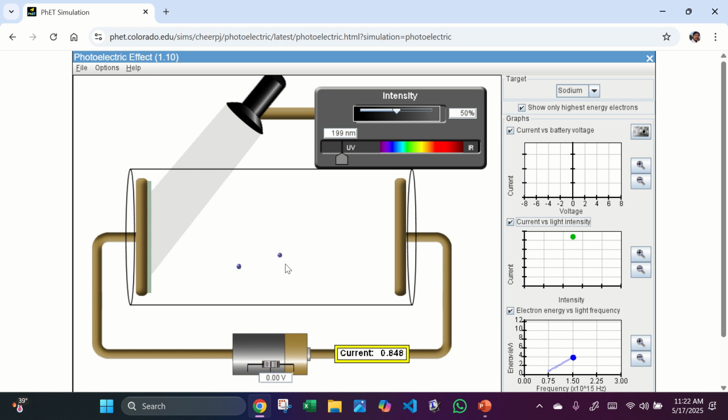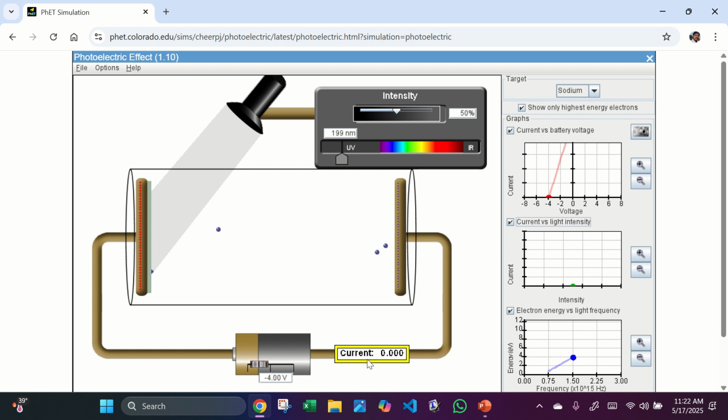So in order to stop them, we have to give more reverse potential, stopping potential. This time even minus 3 is not sufficient. Yes, it is around 4 volts.